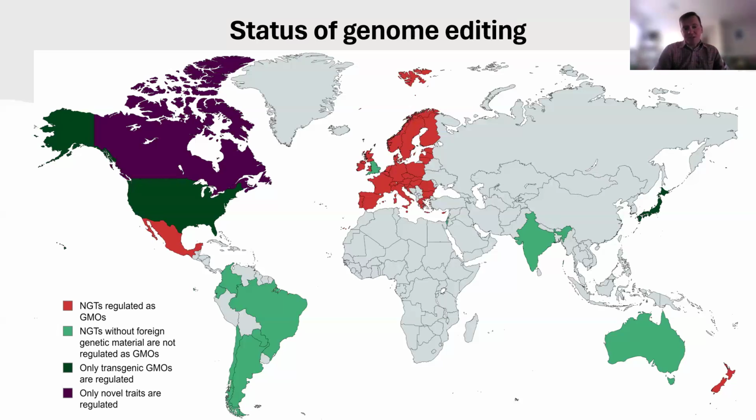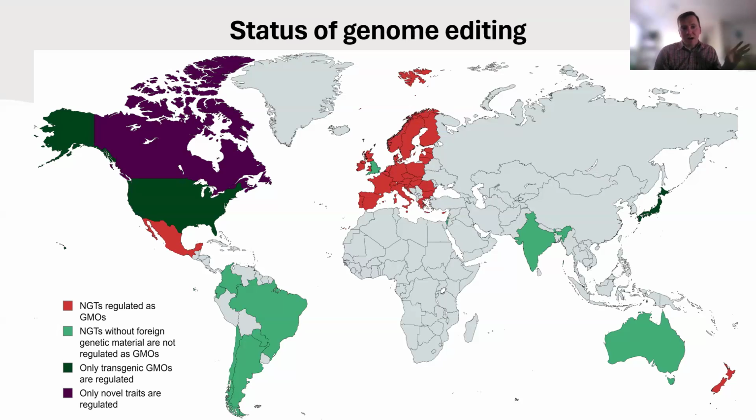And after Argentina took this step, other countries followed. Chile, Brazil, Colombia adopted the same approach. India, too. The case of the US, as I explained before, is a different case because they only regulate transgenic GMOs, and Japan, quite interestingly, followed the same approach.